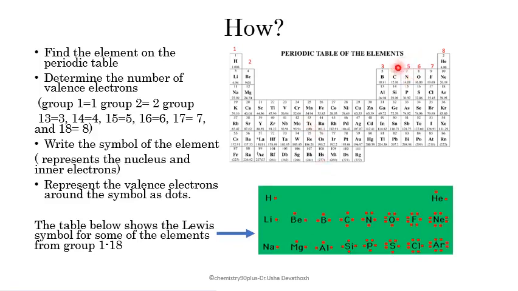And then for group 13, 3, group 14, 4, group 15, 5, 16, 6 dots, and group 17, 7 dots, and group 18, 8 dots except helium. Helium will have only 2 valence electrons.